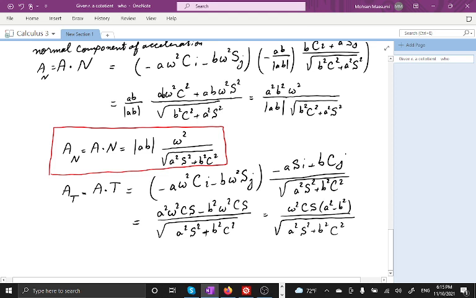Every now and then you can check some things. For example, if you said A is equal to B, meaning you're going on a circle at a constant frequency, then well, there's no tangential component of acceleration. So let me capture it like this. This is a quick check that something looks reasonable here. If I was on a circle, my tangential component had to be 0, and this one indeed shows that.